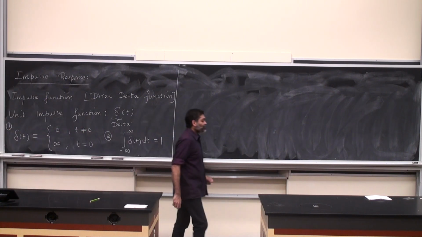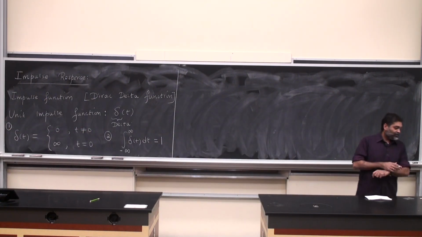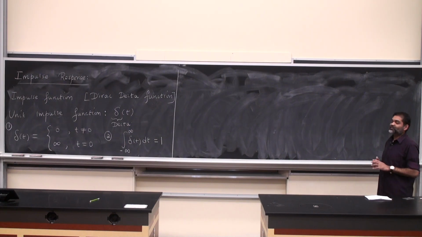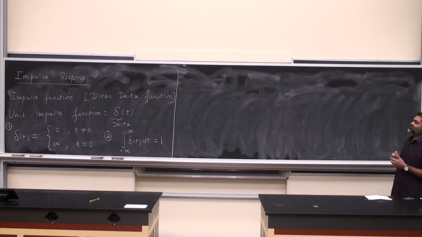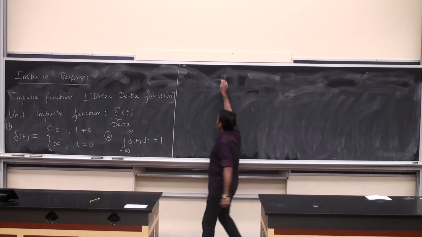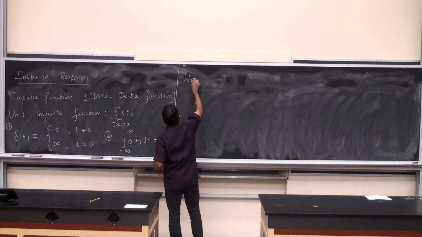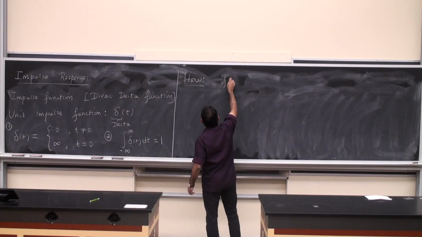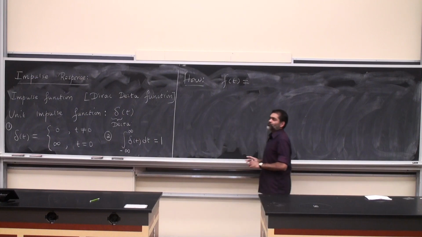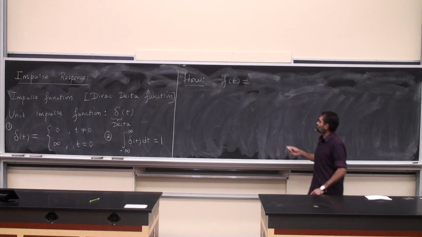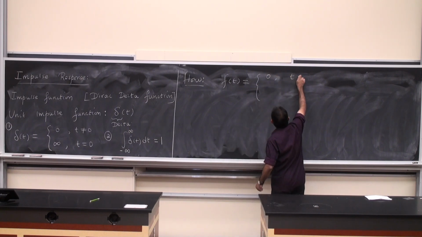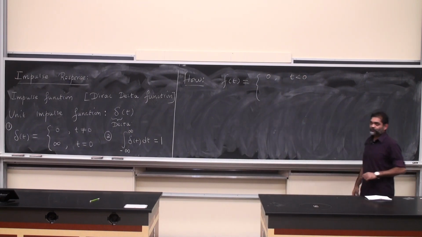Okay. All right. So to get to where you're talking about, or where we want these definitions to make some physical sense, let me start with the function. So start with the following function. I'm just going to define it. This has a value of 0 when time is less than 0.